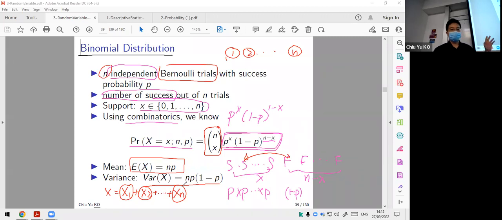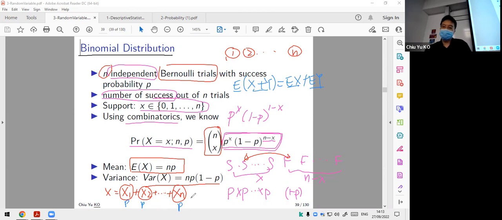So the expectation of the sum is the sum of the expectations. We learned before the break the formula: expected X plus Y is expected X plus expected Y. So the expectation of this sum is the sum of these expectations. The expectation of each is P, so that's why it's n times P, with n of them.